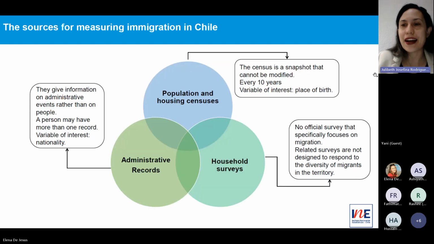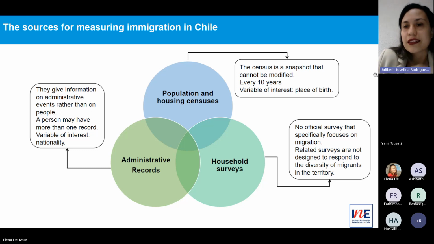I'm going to echo a little of what Elena and Marisabel said before, as you probably already know, the main sources for measuring immigration in Chile, as in many other countries, are 3: population and housing censuses, household surveys, and administrative records.